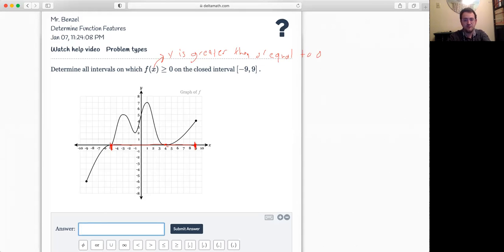I'm going to use square brackets because technically your y value at -5 is exactly 0, so we're still good. So my interval notation would just be [-5, 9].